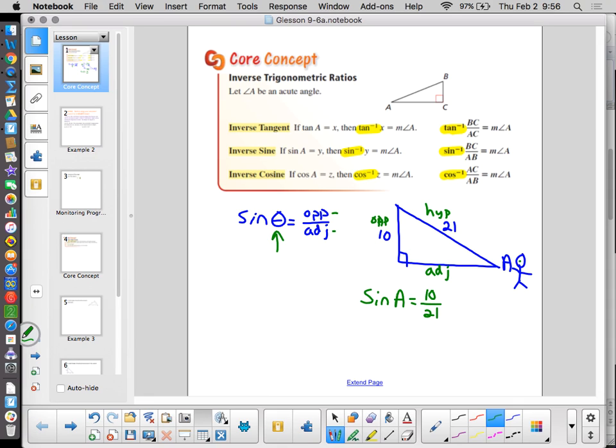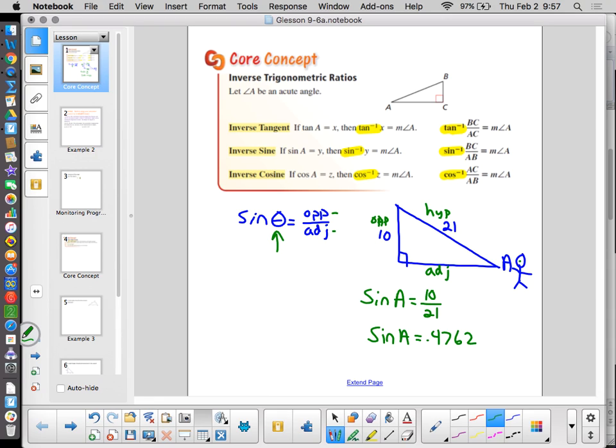Now I can turn this 10 over 21 into a decimal if I want. 10 divided by 21 is about 0.4762. All right. So what I'm going to do is basically use my calculator now to look up what angle has that sine value.